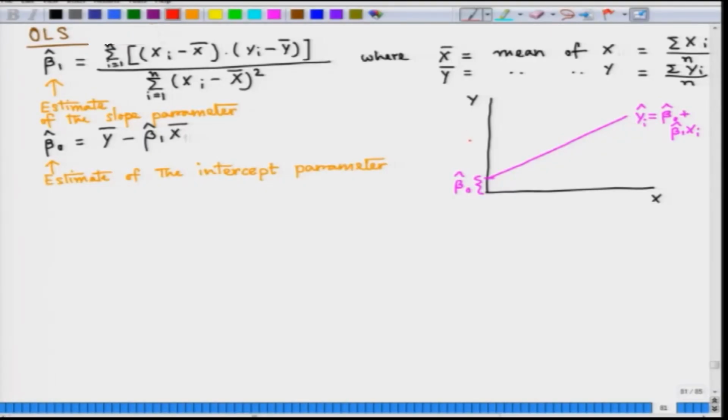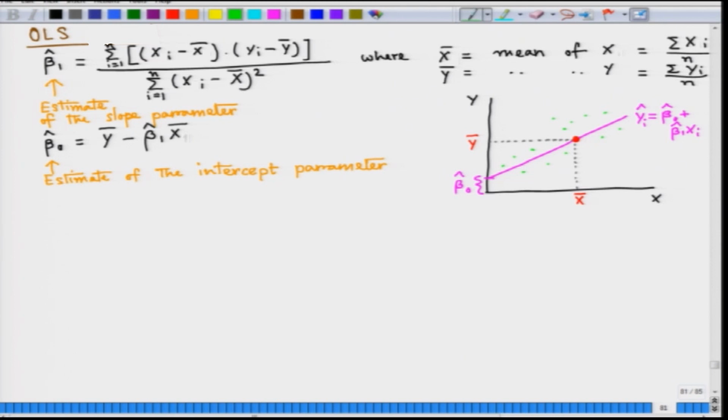Let us now look at a graph which talks about the decomposition of the variation in y once we have estimated the sample linear regression function. That means we know our estimates for the population parameters beta naught and beta 1. Plot y bar, x bar here in the graph.